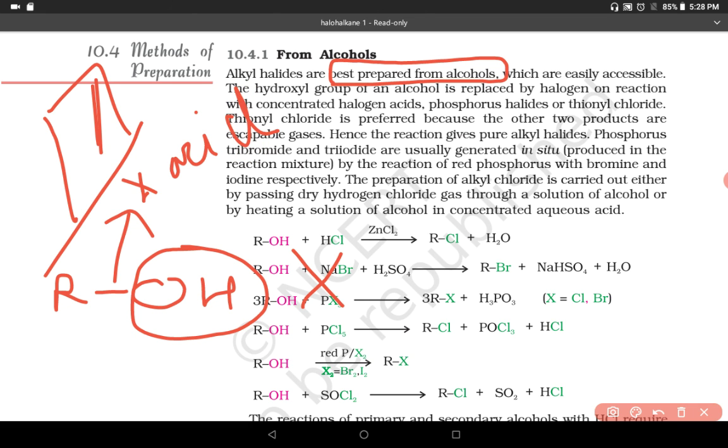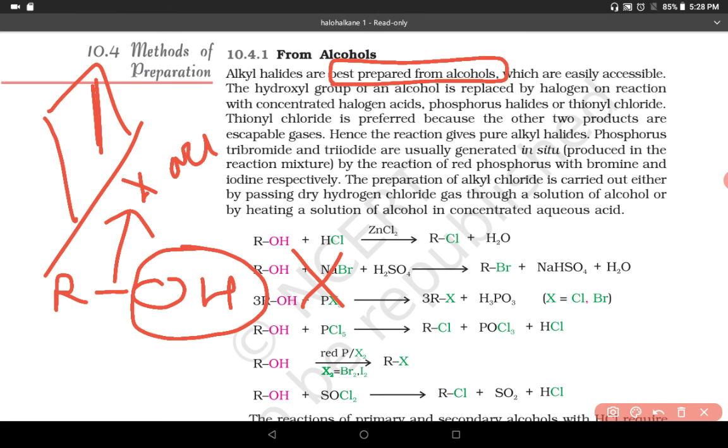Phosphorus halides or thionyl chloride are also used. Thionyl chloride is preferred because the other two products are escapable gases. Hence, the reaction gives pure alkyl halides.